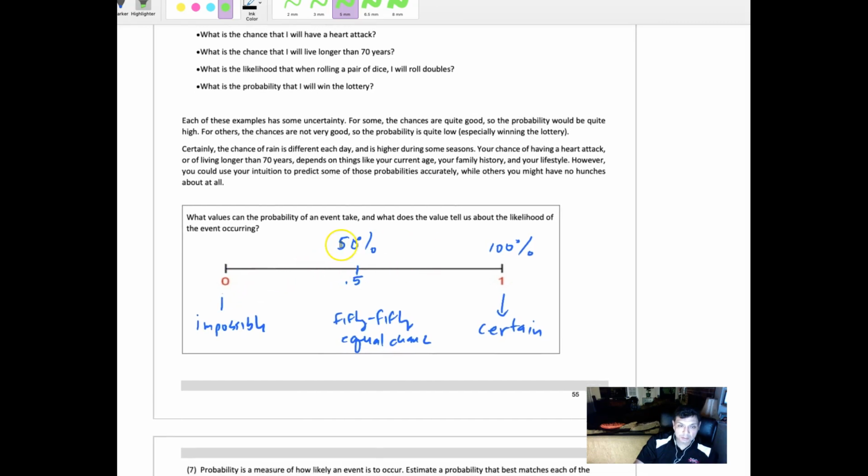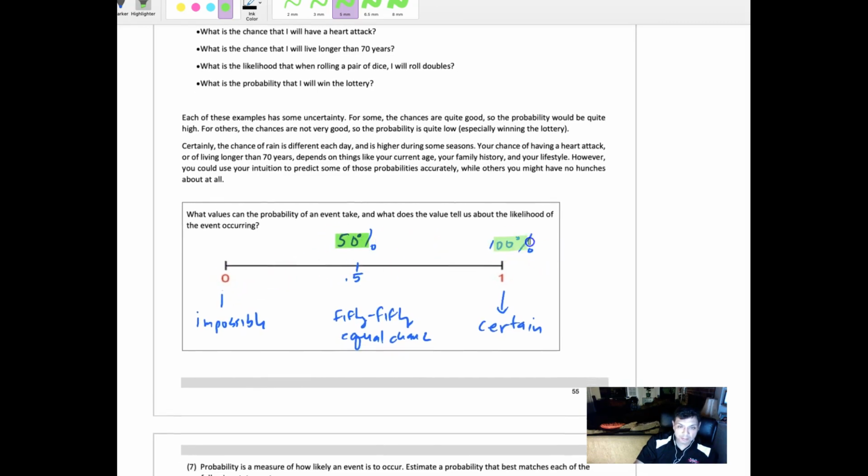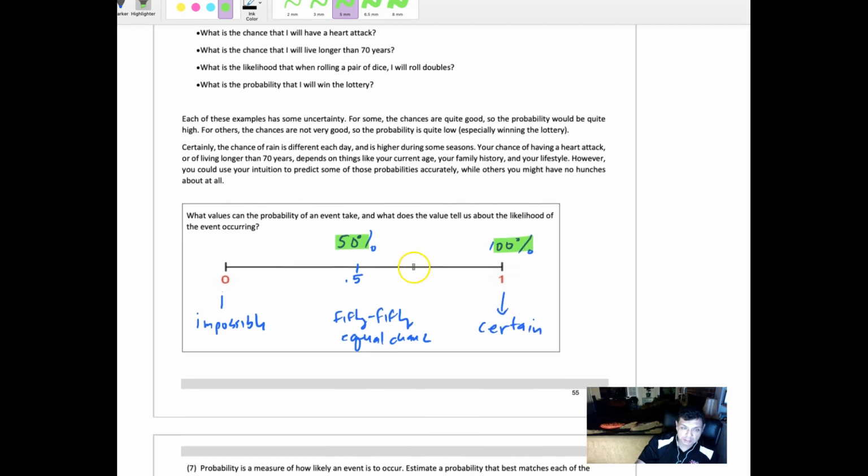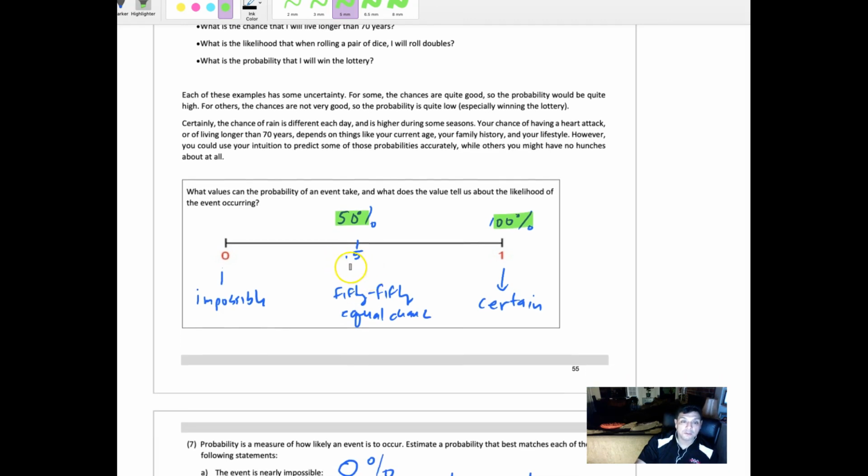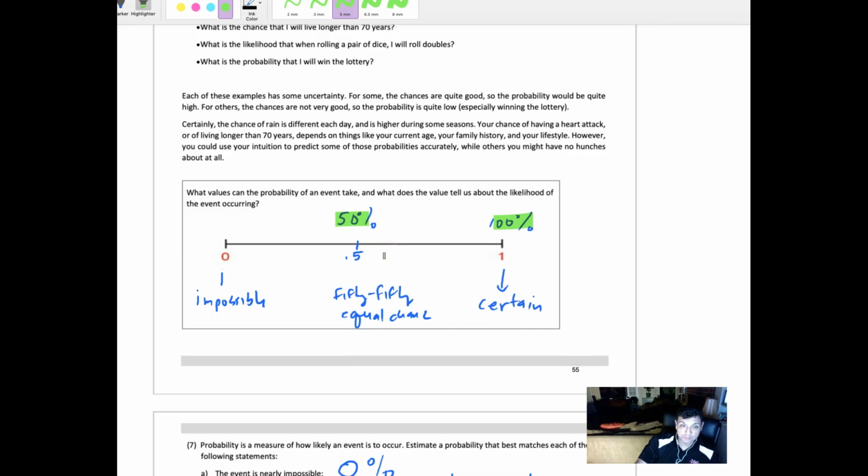Sometimes you just say it as a percent, 50% chance, 20% chance. Or someone might say 0.5. And so probability is really a number between 0 and 1. Sometimes you say it as the decimal, or as the percent. You could even say it as a fraction, if you can convert the decimal to a fraction.